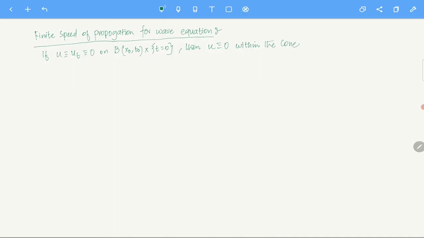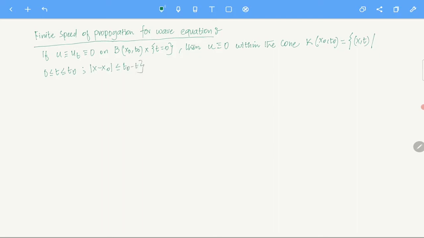I will define the cone. It is defined by K(x0, t0), the set of all those (x, t) such that 0 is less than t is less than t0, and the modulus of x minus x0 is less than or equal to t0 minus t.